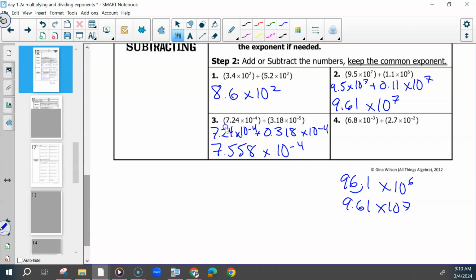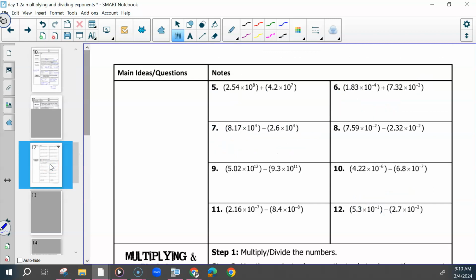Go on to the back so we can do some subtracting. So let's do 8 instead of 7, but same process. If the exponents are the same, just subtract the 2 numbers, bring down the 10 to the whatever. So go ahead and subtract 7.59 and 2.32.